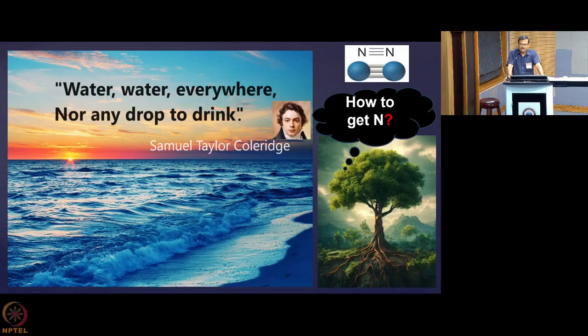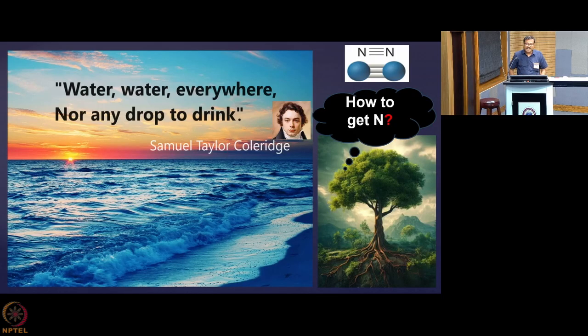Similarly, although plants are immersed in nitrogen, they cannot take a single molecule of nitrogen from it. Why? Because nitrogen has a triple bond which is extremely strong and cannot be broken easily.